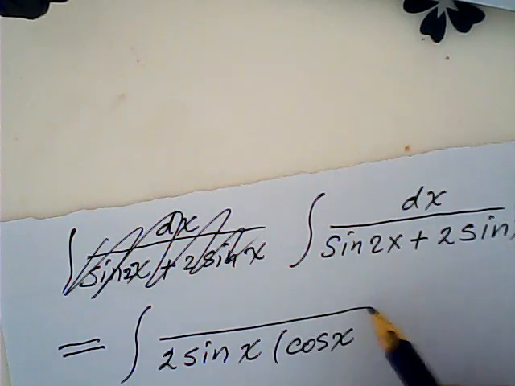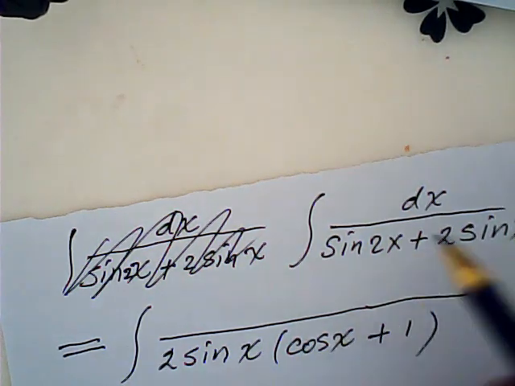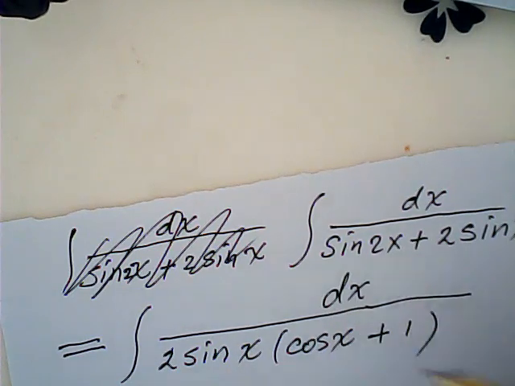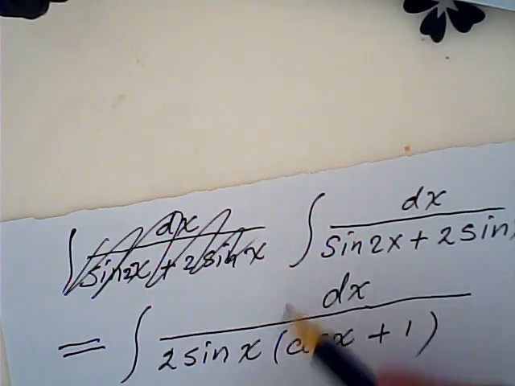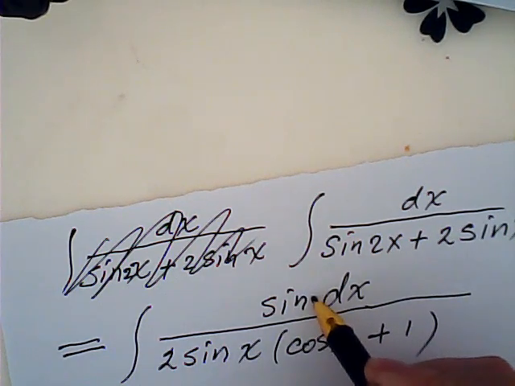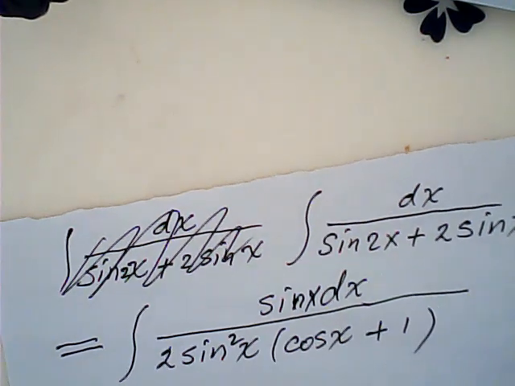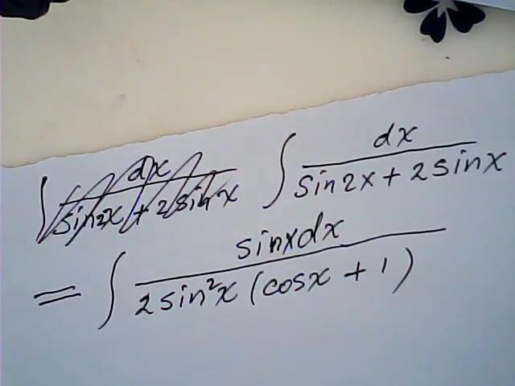Cosine, and this is 1. At the same time I multiply by sine x, both numerator and denominator. So it becomes sine x squared, isn't it? Yeah.